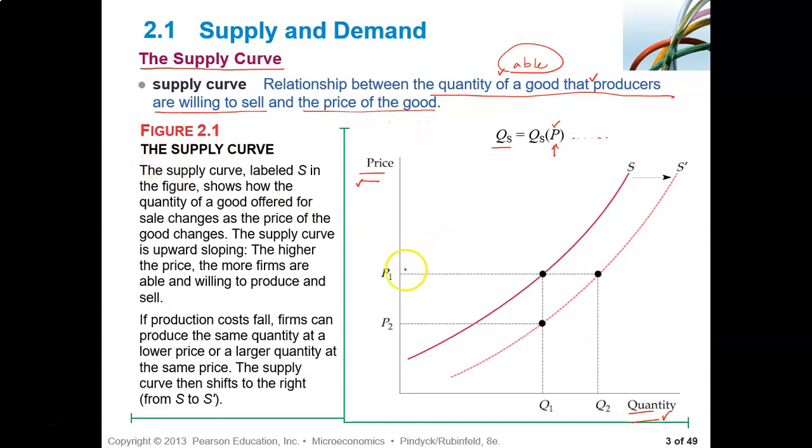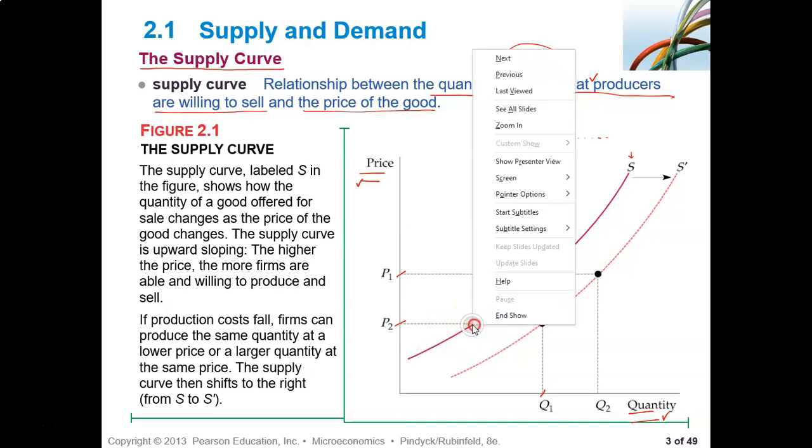Look at that here. When price is P1, producers want to supply Q1 on this supply curve S. And when price is P2, on the same supply curve S, producers want to supply this amount.